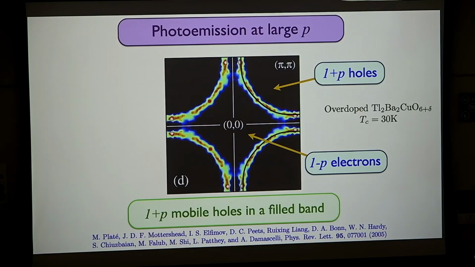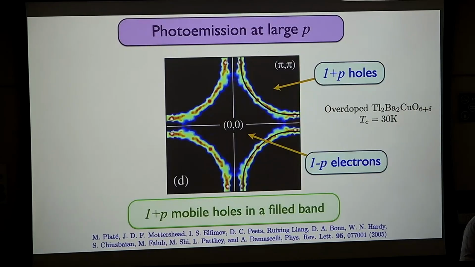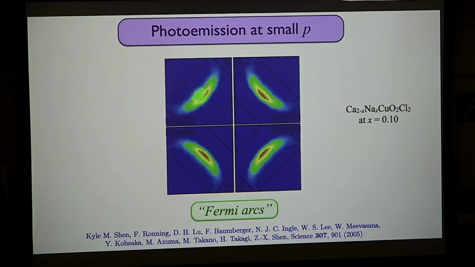Okay, so if you take this system and you underdope it, then you get the arc. What you see here is that this large Fermi surface has been cut off in these regions, which are called the antinodal regions. And so there are no zero energy excitations here. That, if you wish, is the gap. There's a gap here, and this is well above superconducting temperatures.